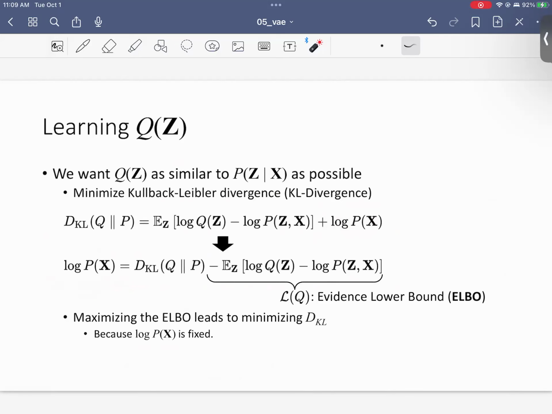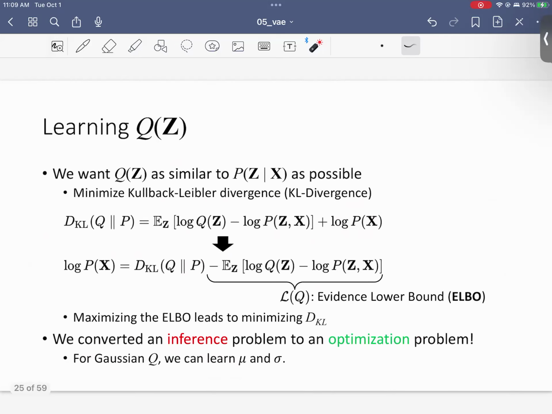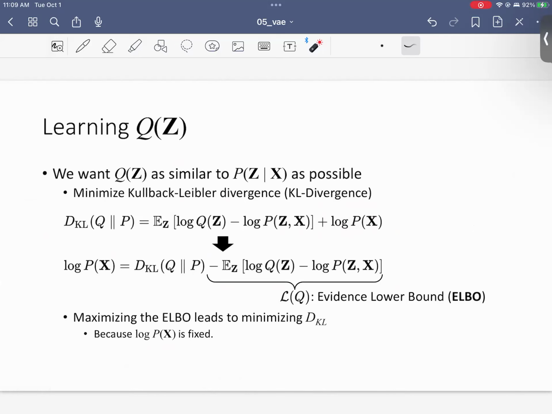Once we've moved the terms over, we get this: log P(X) equals the KL divergence plus something called ELBO, or evidence lower bound. Including the minus sign here, this entire thing is called the evidence lower bound, ELBO.